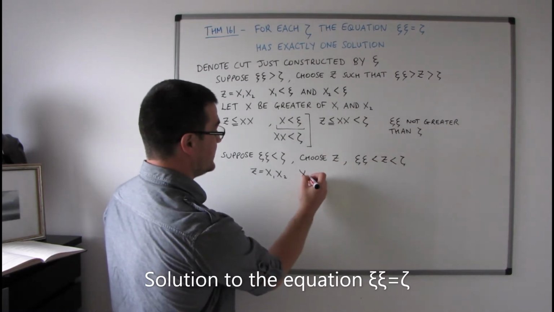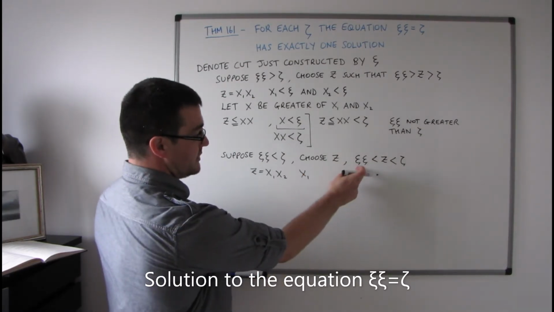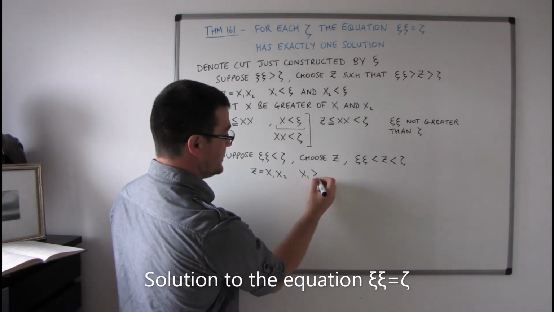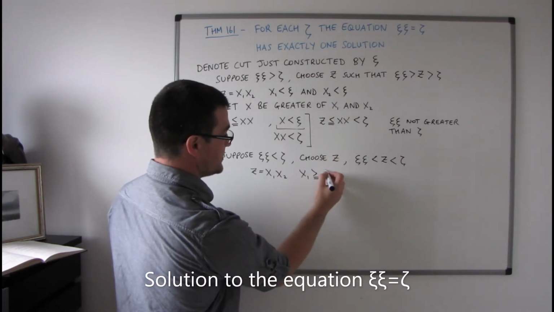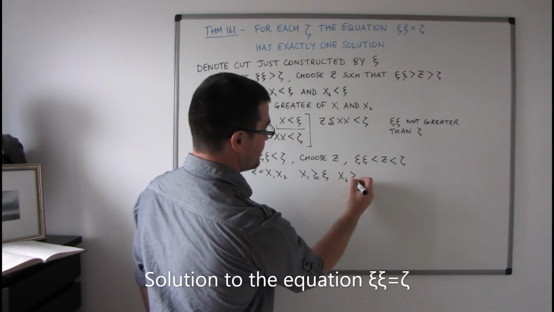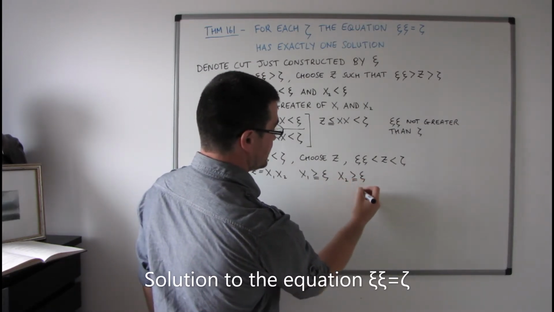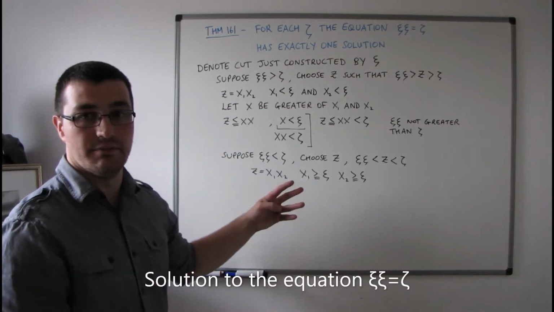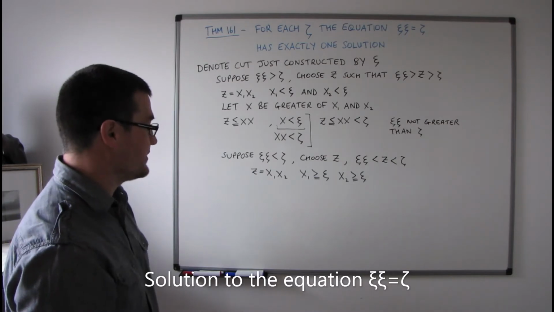So x1 is an upper number for xi, so therefore x1 must be greater than or equal to xi, and similarly x2 must be greater than or equal to xi. So that was theorem 158, I think.